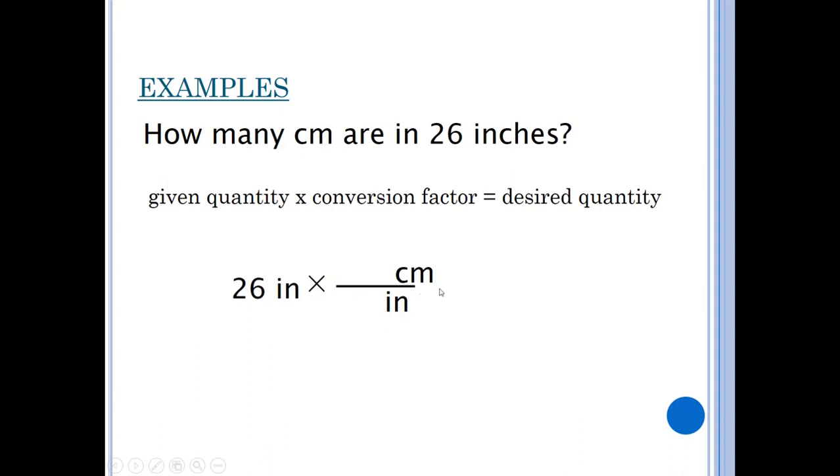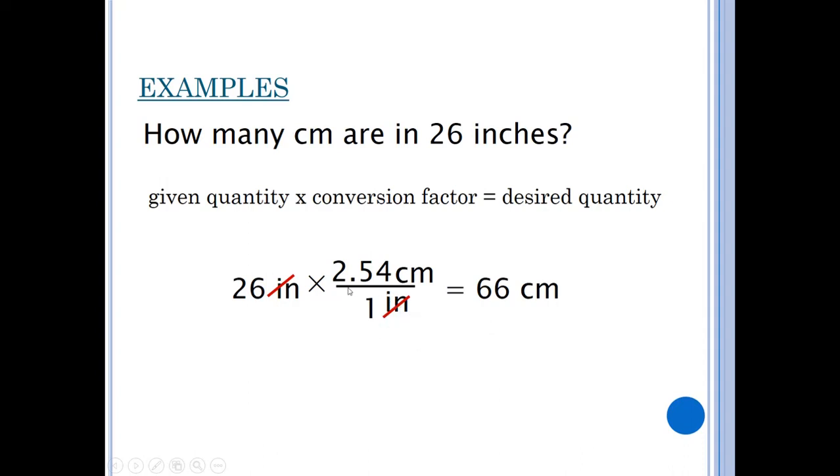You want to cancel the unit inch, so you need to put the inch unit below, divided by inch. So 1 inch equals 2.54 centimeter, and you will get 66 centimeter.